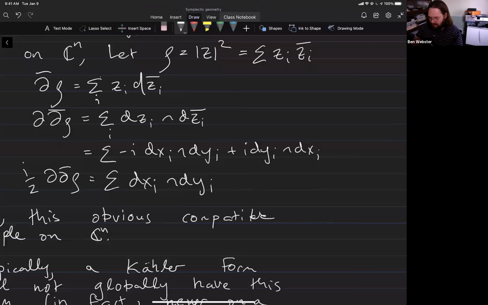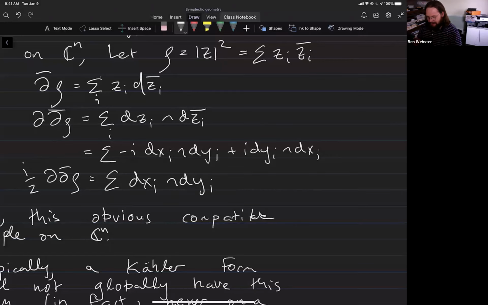All right, so then I take del of that. Now I'm applying del to each of the z_i's, and I just get dz_i. I wedge that together with the dz_i bar.